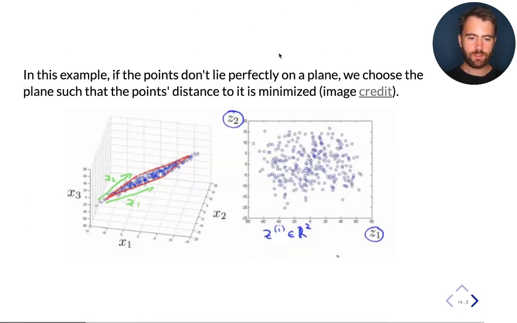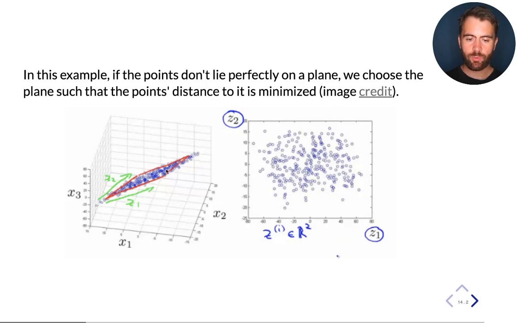Again, we can look at this via an image. Here I have this two-dimensional subspace that is defined by a basis, but most points will not lie exactly on this plane. They will lie a little bit outside, a little bit above or a little bit below. You can see here, if you look carefully, these points are not all precisely on the plane. There's a little bit of noise around.